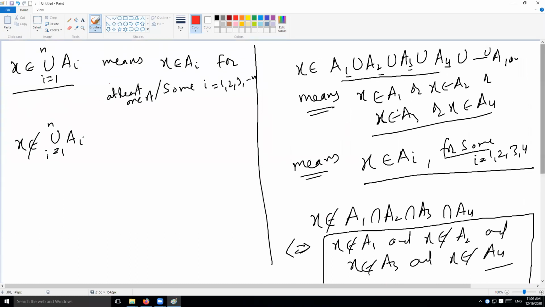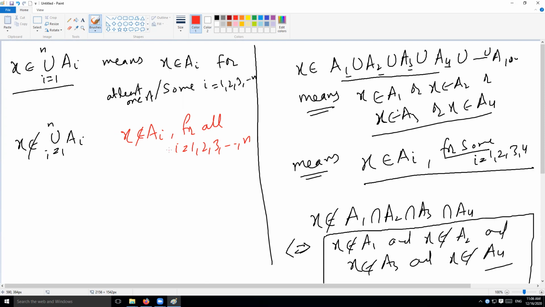So I'm gonna say that X does not belong to AI for all I equal to 1, 2, 3 and up to N. No matter what I you take, X does not belong to AI.